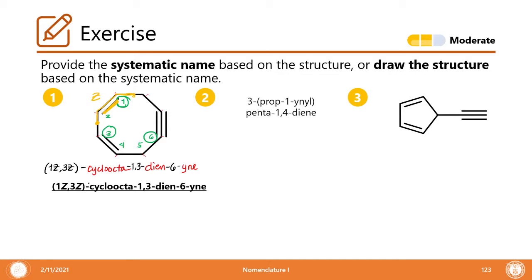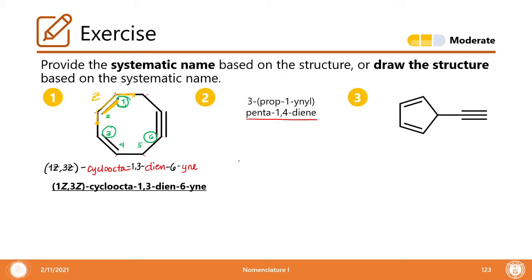Here we have our first case of drawing given a name. What I suggest we first do is draw the parent chain first. So this is the name, penta-1,4-diene.